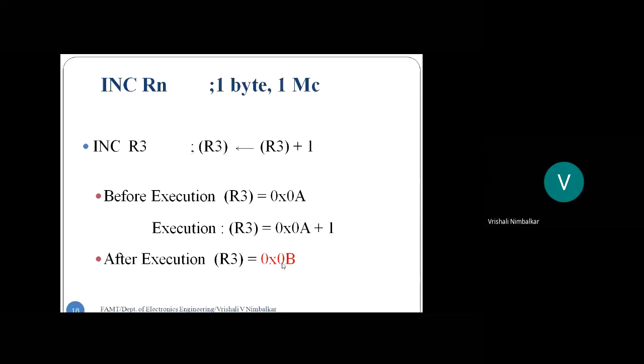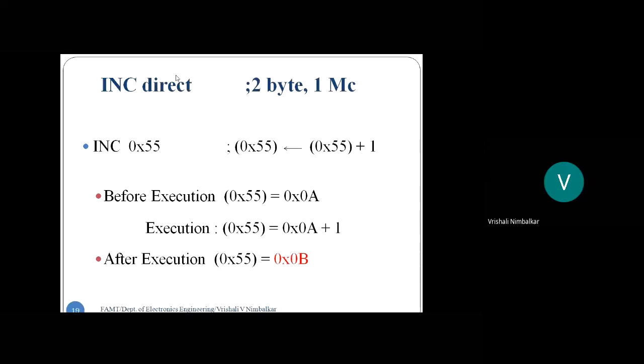Next, INC direct. It means I should be mentioning the address of that data. Example, INC 55 hex. That's a memory address. So see the execution. Data from this 55 hex is picked up, added by 1 and stored back in 55 hex. So the data from the memory is incremented, stored back in memory.